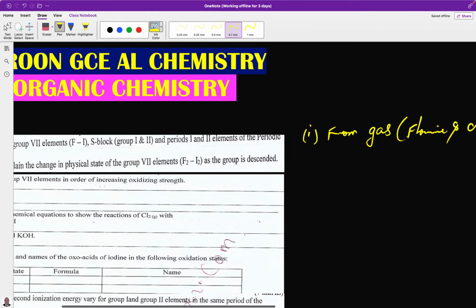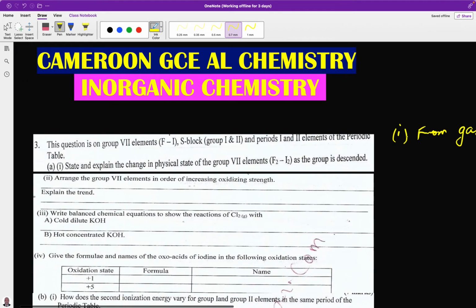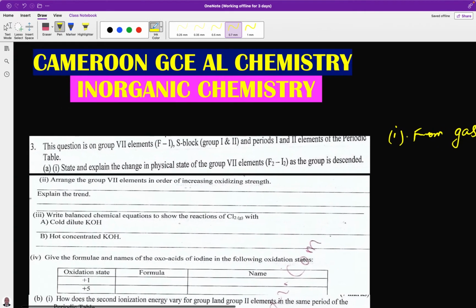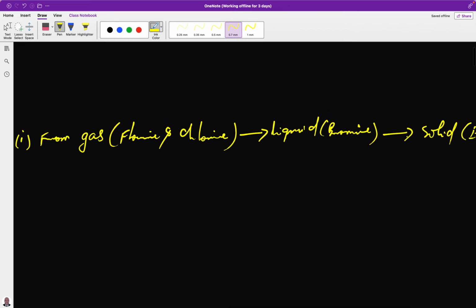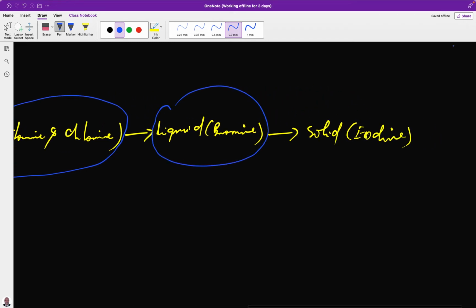So the question says state and explain. Explain means you have to give the reason for this change in the physical state. So we say the change is from gas to liquid and then finally to solid.